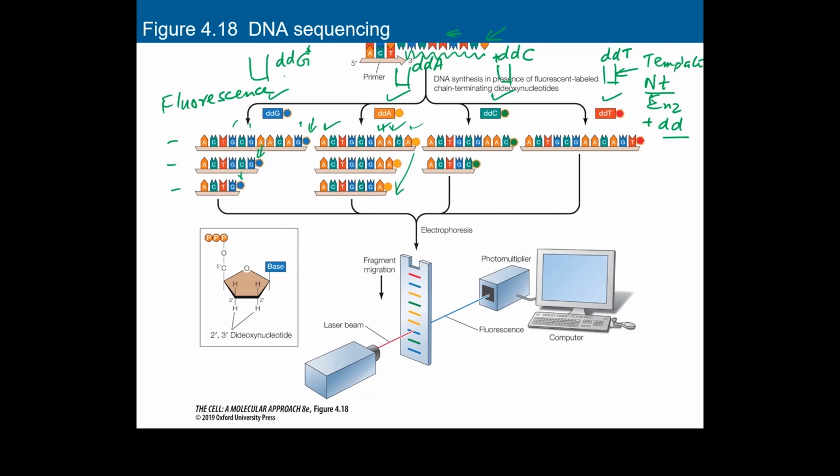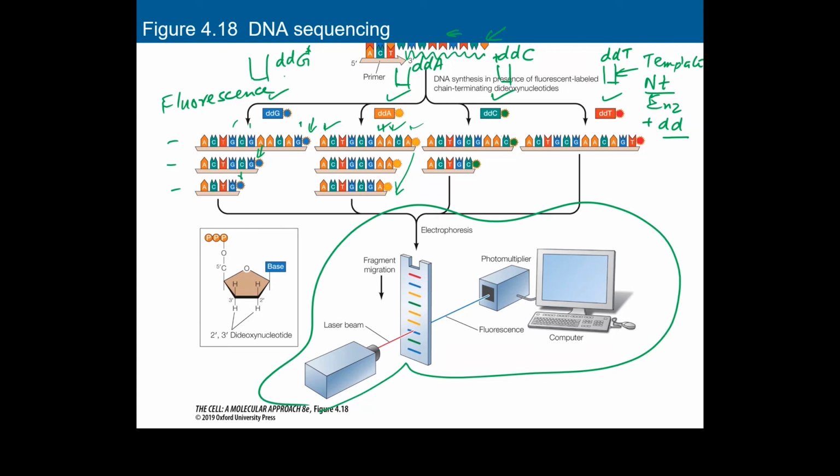Then you can pull them together and run them on gel electrophoresis inside the DNA sequencers, which are attached to the computer. In these fully automated systems, they detect the signal that comes from the gel electrophoresis, and photomultipliers capture the signal with the constant incidence of a laser beam, and convert that into a sequence in the computer.